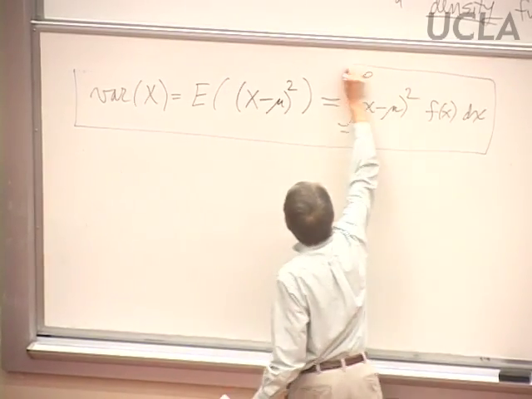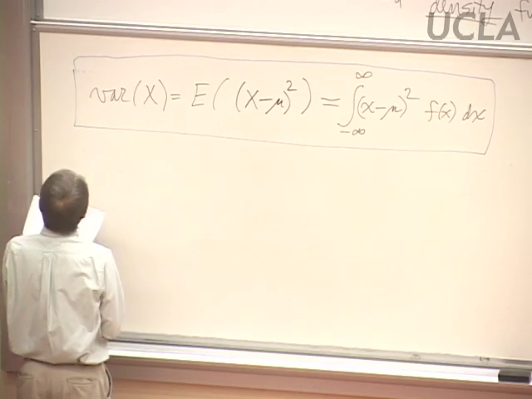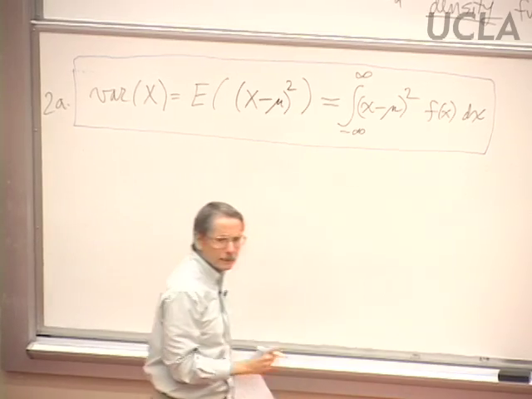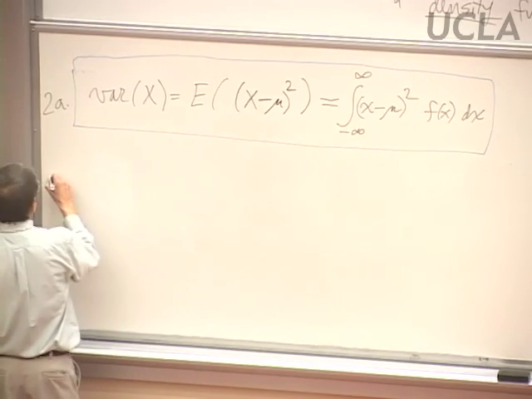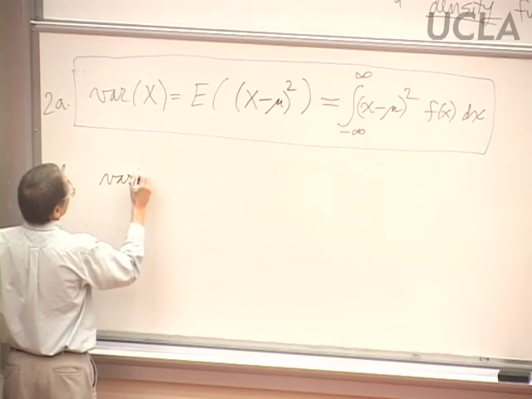But as before, there's another way to write the variance that's often more convenient. Okay, call this number 1. So equation 2b, the variance.